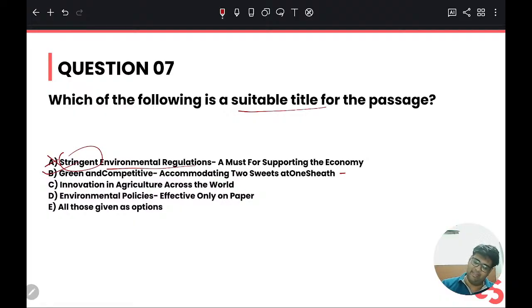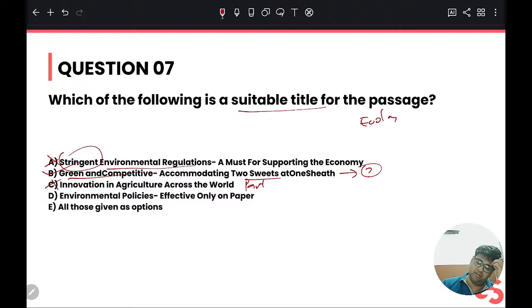Cool, that's a great thing. I'm going to park it here. Green and competitive, like ecology and economy both together. Two sweets at one sheet, one problem, two sweets, accommodating. Innovation and agriculture is only a part, not a whole. So I'm parking this here.